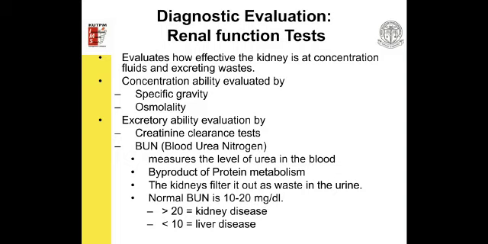BUN, the blood urea nitrogen, measures the level of urea in the blood. It's a byproduct of protein metabolism, which the kidneys filter out as waste in the urine. The normal BUN is around 10 to 20 milligrams per deciliter. If it's more than 20, it reflects kidney disease, and less than 10 indicates liver disease.